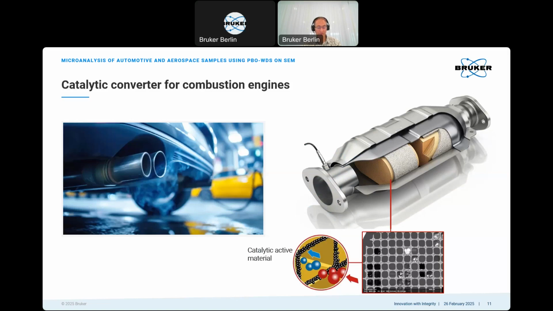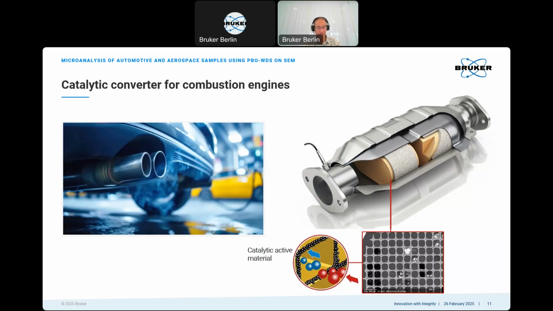A catalytic converter consists of a porous ceramic body with a cellular structure, which is coated with a highly granular material that contains traces of precious metals such as platinum or rhodium, and provides a 5,000 times increased contact surface for flushing the exhaust gases.